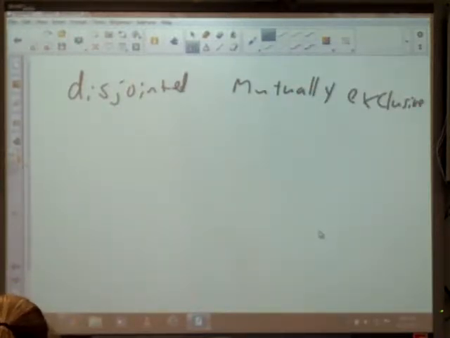Mutually exclusive makes more sense in my brain, but they use both words, so we've got to be familiar with both of them. But it just means that it's only in one of them. Like if I'm saying it's in this one or that one, it's not in both. It's in one or the other. It's mutually exclusive.